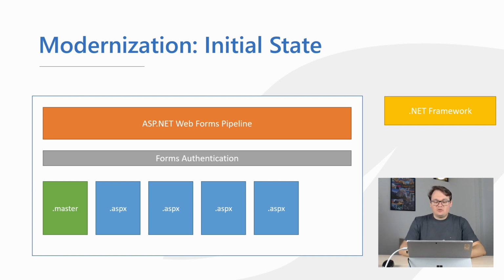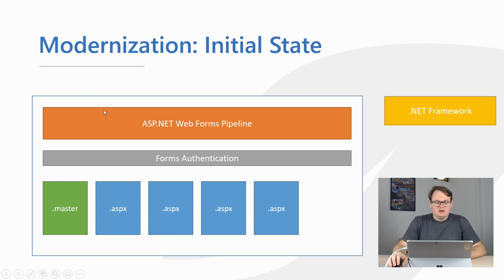So in the initial state, you will have your application which will just use .NET Framework. So probably I hope that it's at least .NET Framework 4.5.1, which is the lowest version that is supported by .vvm. If you are on an older version, you need to upgrade to .NET 4.5.1 at least.